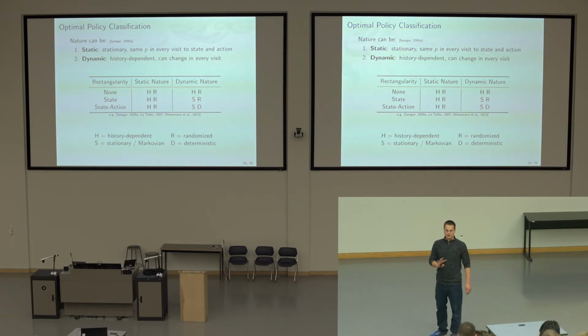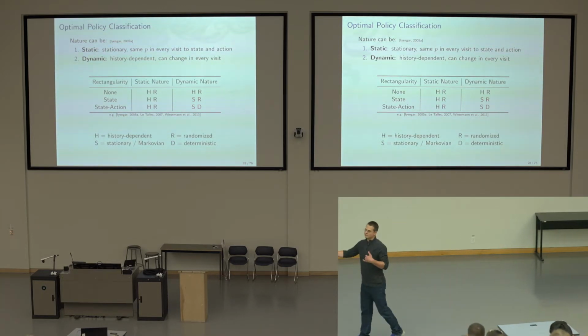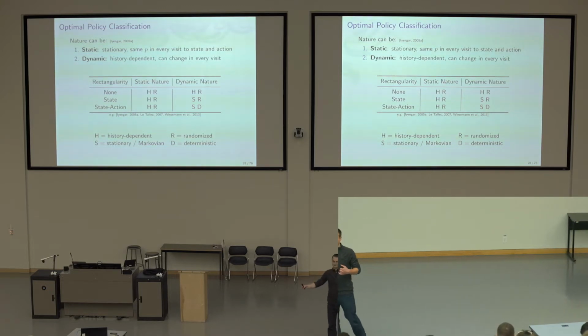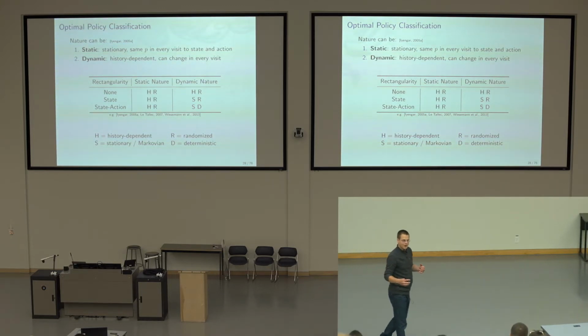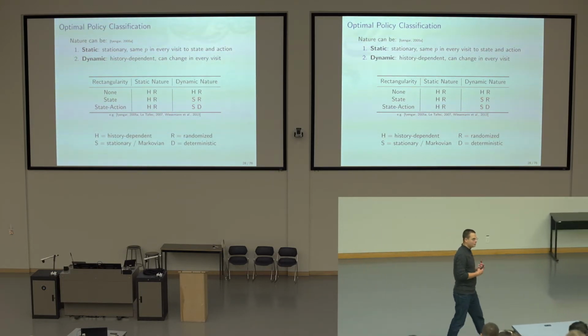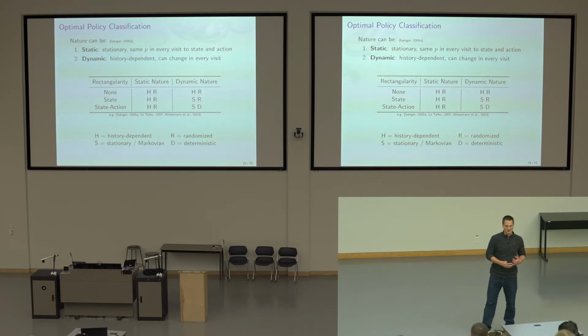Now, surprisingly, if the nature is dynamic, that is, history dependent, so nature can change what it does in every state, and you were willing to compute history dependent policies, then the optimal solution is actually going to be stationary, both for you and for nature.